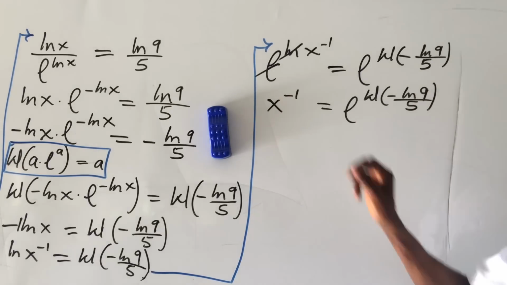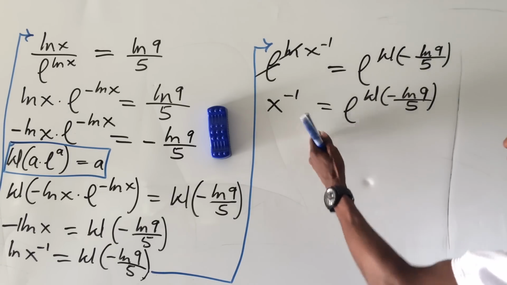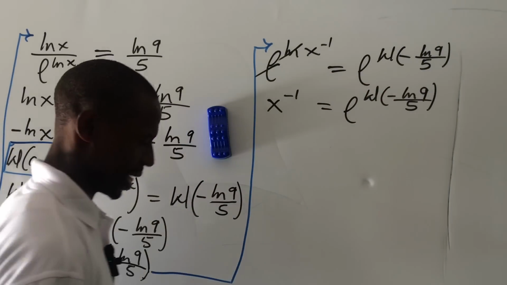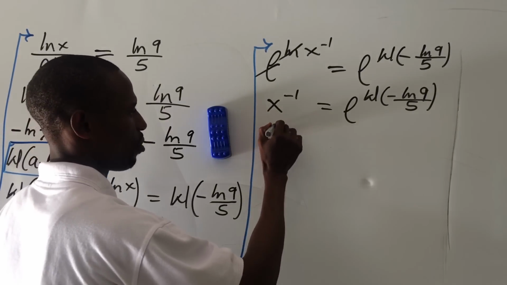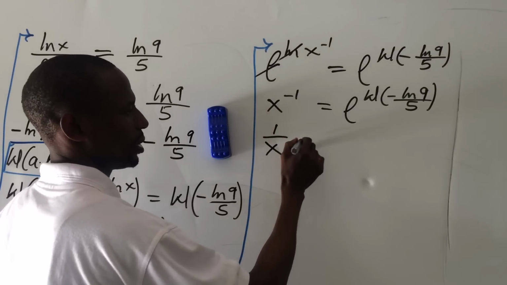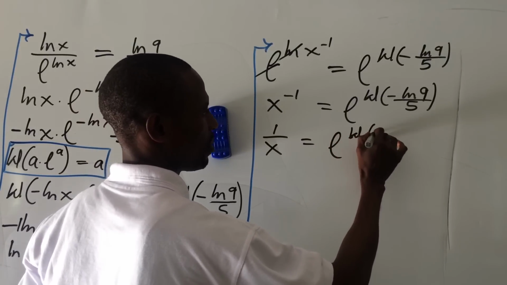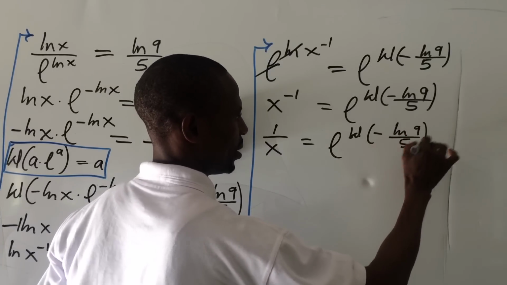Now, with x to the power of minus 1, we can find the reciprocal of this. If we find the reciprocal of this, we also do that to the other side. In other words, for you not to be confused, here we have 1 all over x equal to e to the power of W of minus ln of 9 all over 5, close bracket.